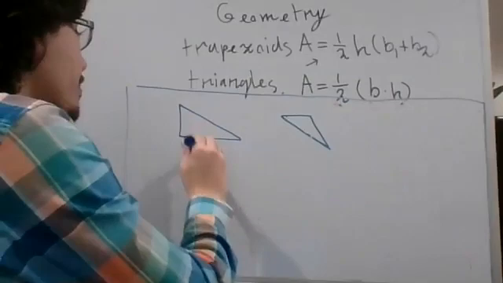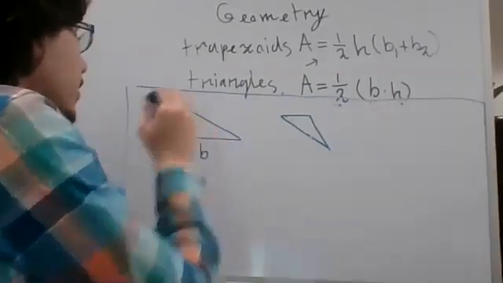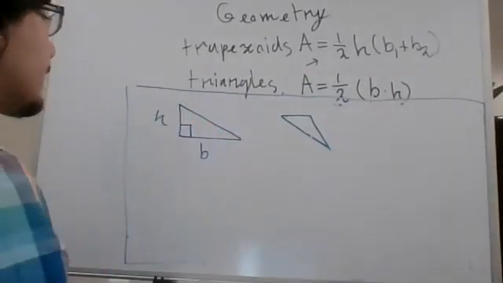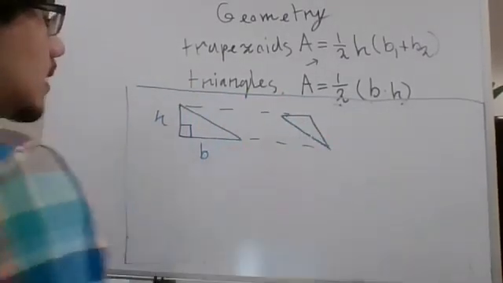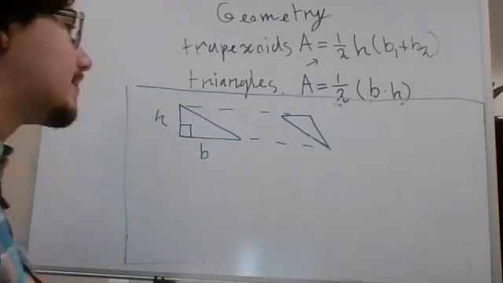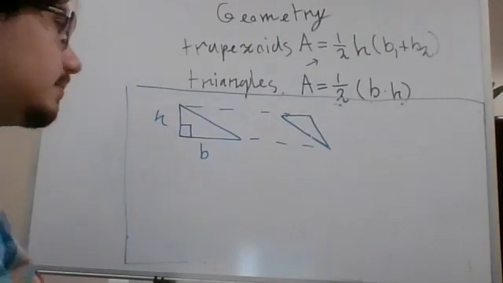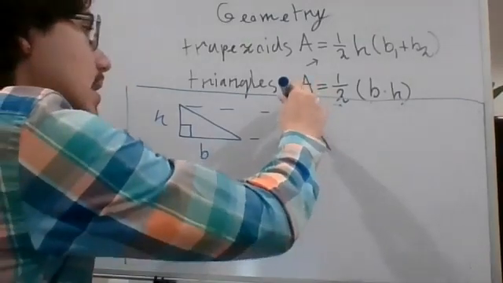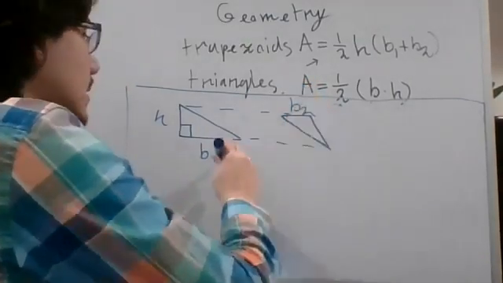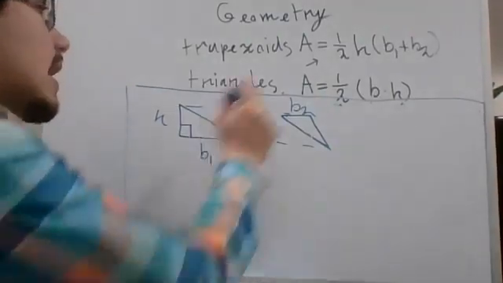We said that we knew the base and height of this right triangle because it's a right triangle. And we knew that the height of both these triangles are the same. Now all we would need is to have the base of this triangle. So let's say this is base 1 and base 2.